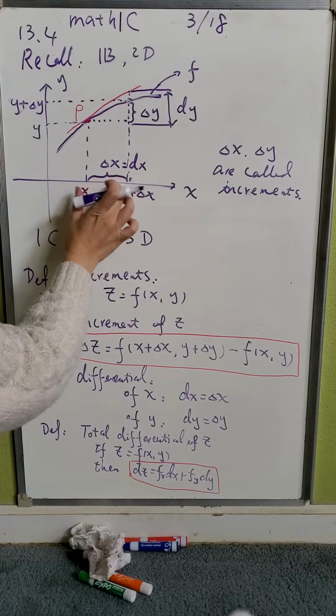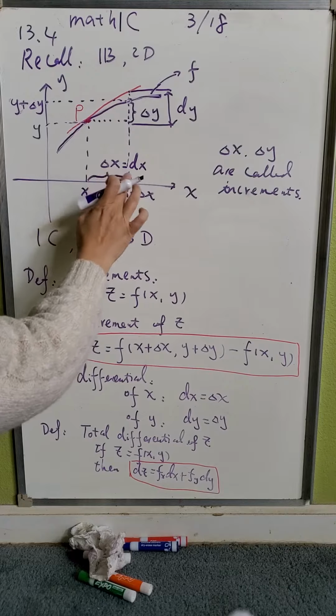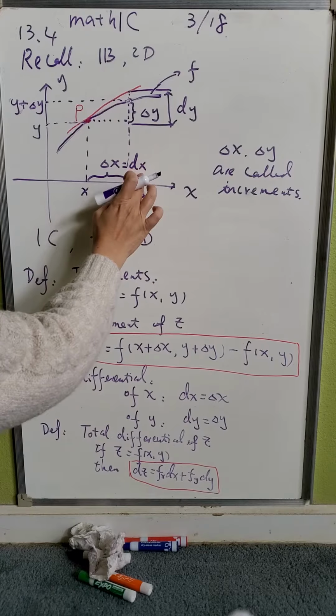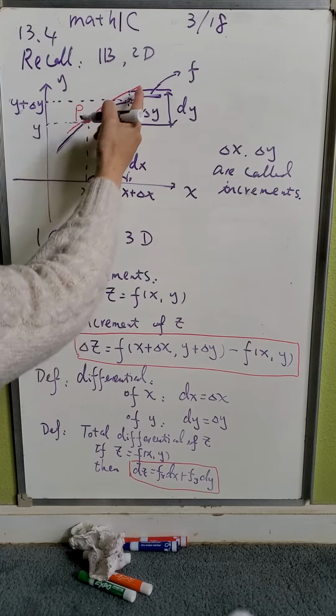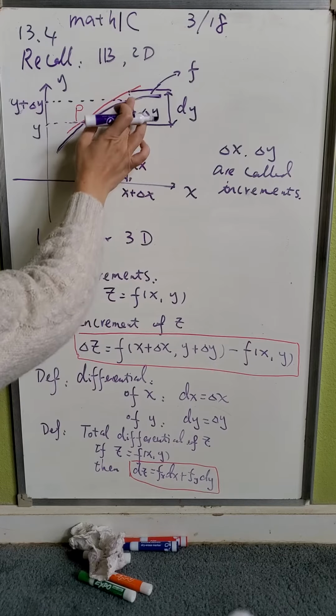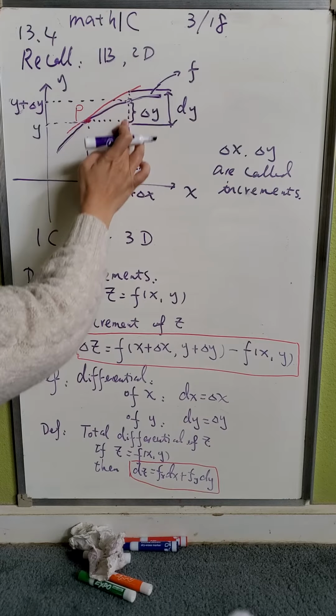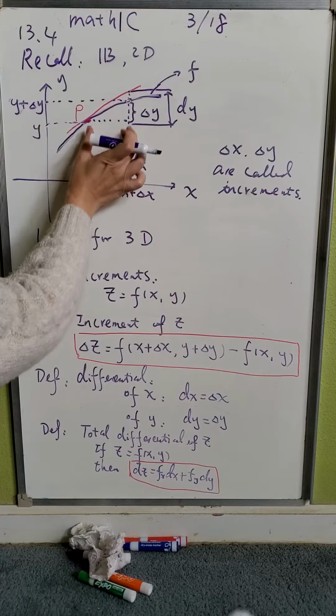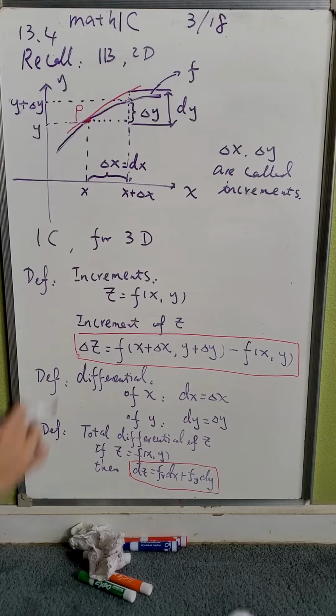So this is delta x, and it's also equal to dx. Your dx comes from the tangent line, delta x comes from the curve. So this distance is the same as this distance and the same as that distance.